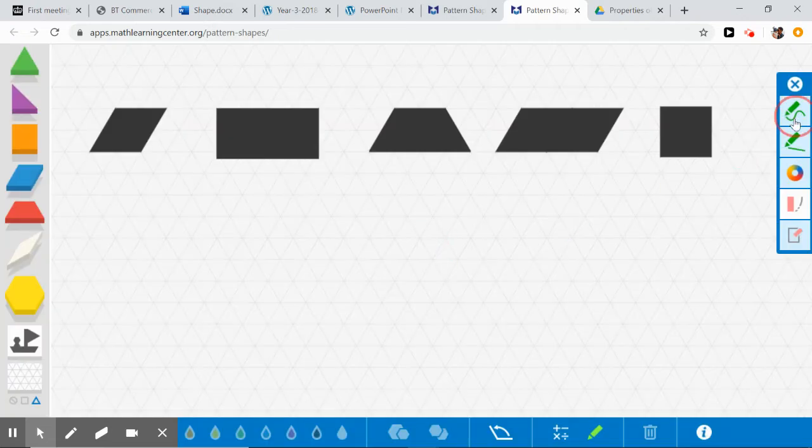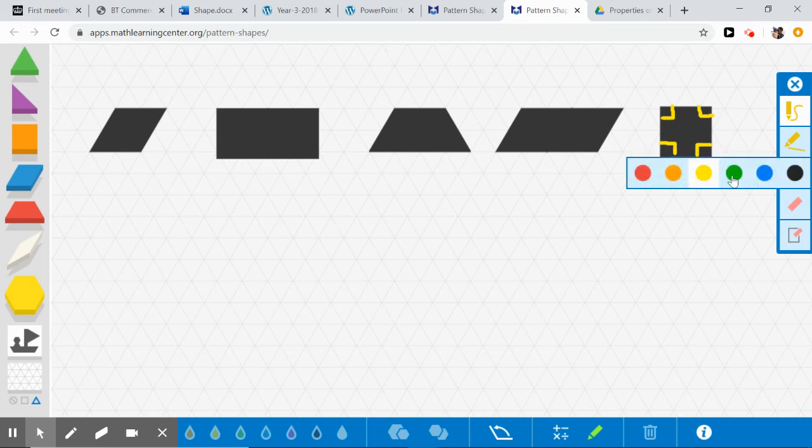Oh, I got rid of it all. Let me draw it again. So we had our four right angles. So all squares have four right angles. And it has, let me change my color, a pair of parallel sides here. And we show that with that symbol there, because that symbol means that if that carries on, those two sides will always be the same distance apart.